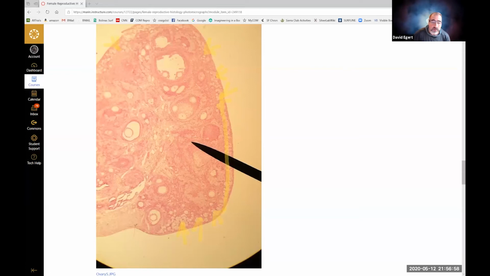And again, at the beginning of each cycle, under the influence of follicle stimulating hormone, you're going to have a few of these little itsy bitsy dudes start going through that process where those follicular cells turn cuboidal, become granulosa cells. In fact, right here we can see a secondary follicle where we're starting to get all sorts of fluid spaces in here.